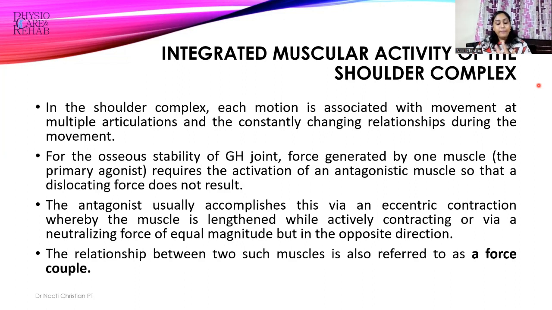The muscle which gives a neutralizing force just opposite to the agonist muscle acts as an antagonist muscle. Those are called a force couple. So the relationship between two such muscles is referred to as a force couple.